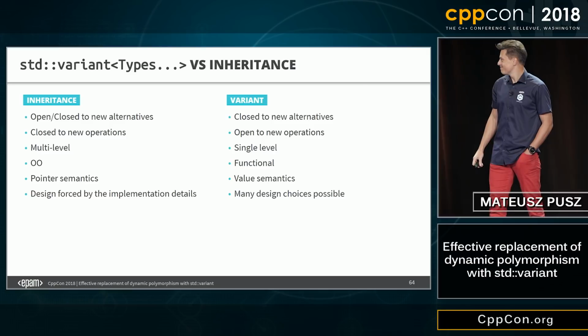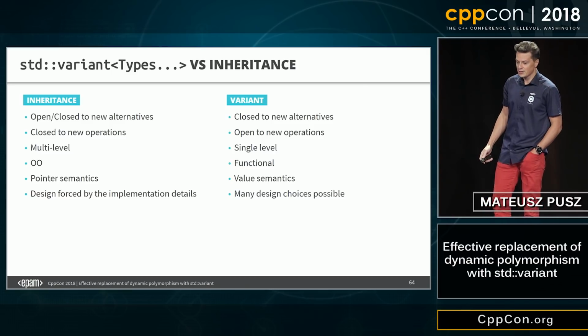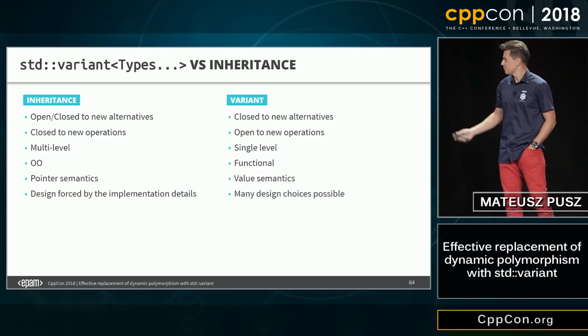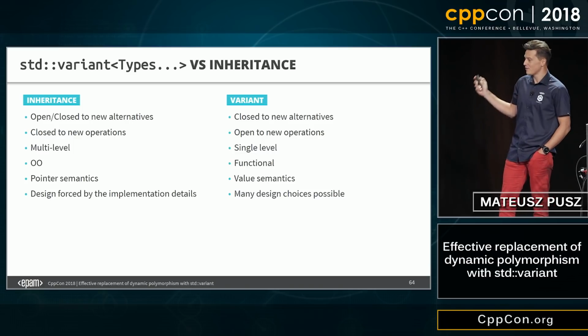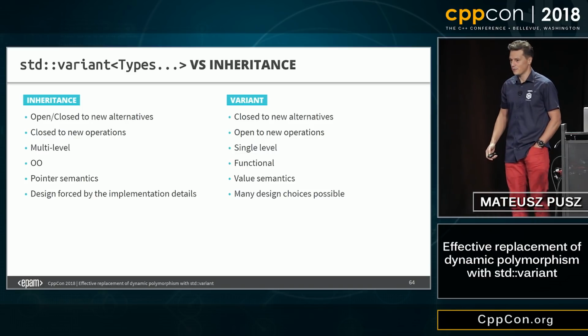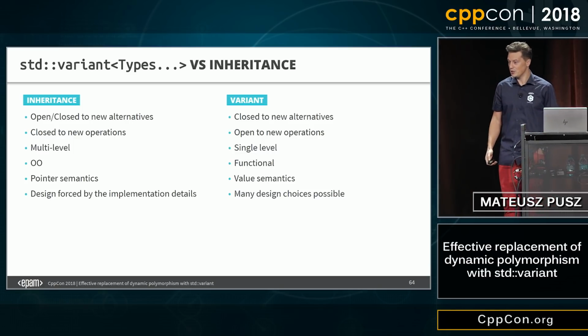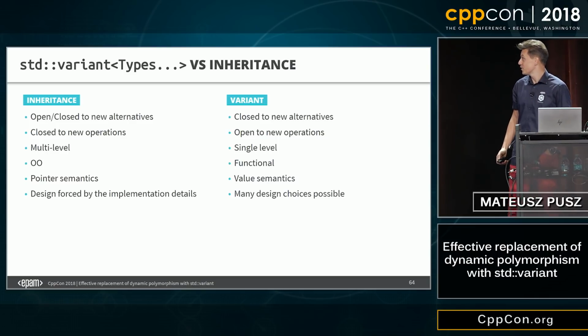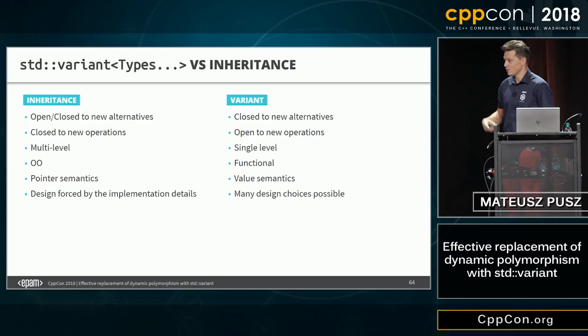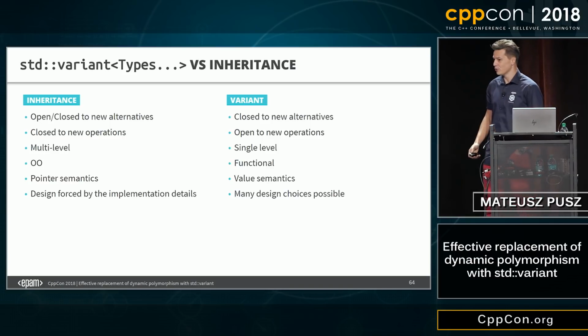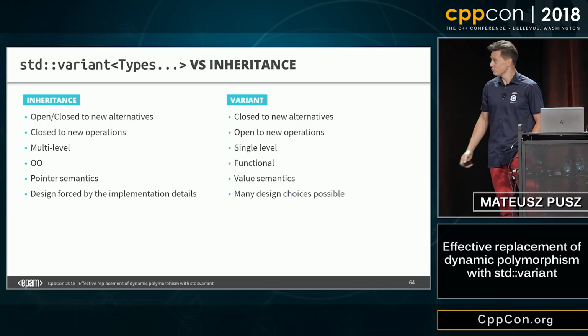We couldn't choose what we would like. As you've seen, I've shown you 3, but probably there are even more possible designs for doing this with variant. And you, as an architect, as a developer of the code, are responsible to choose what you like, not what you have to do because the code has to be written like this.